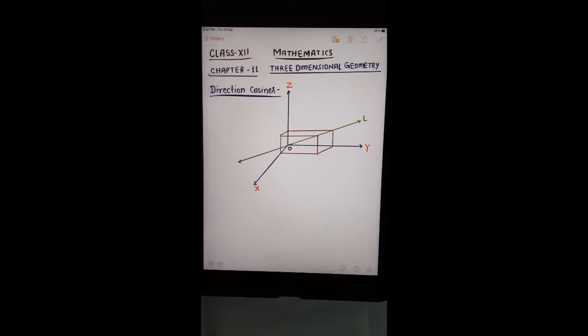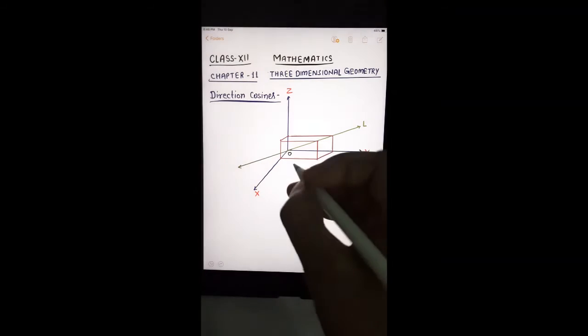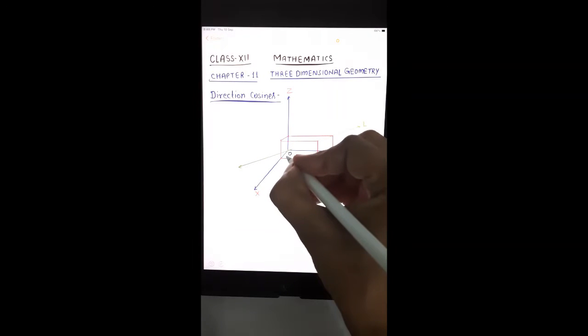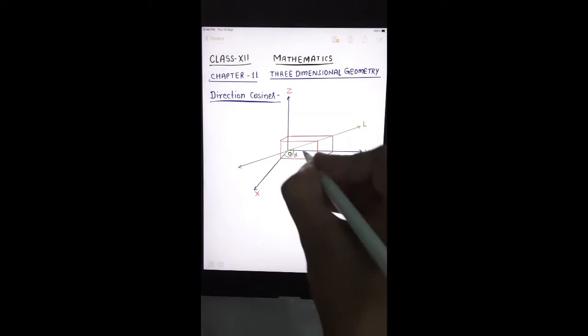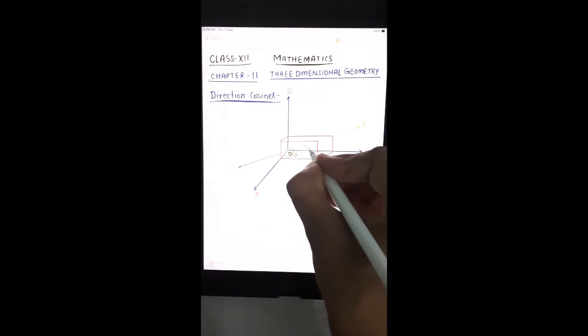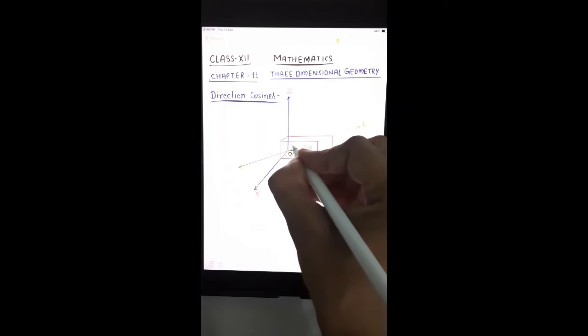Then alpha, beta and gamma are called direction angles, and the cosines of these angles are called direction cosines. So see, this line makes alpha angle with x-axis, beta angle with y-axis and gamma angle with z-axis.